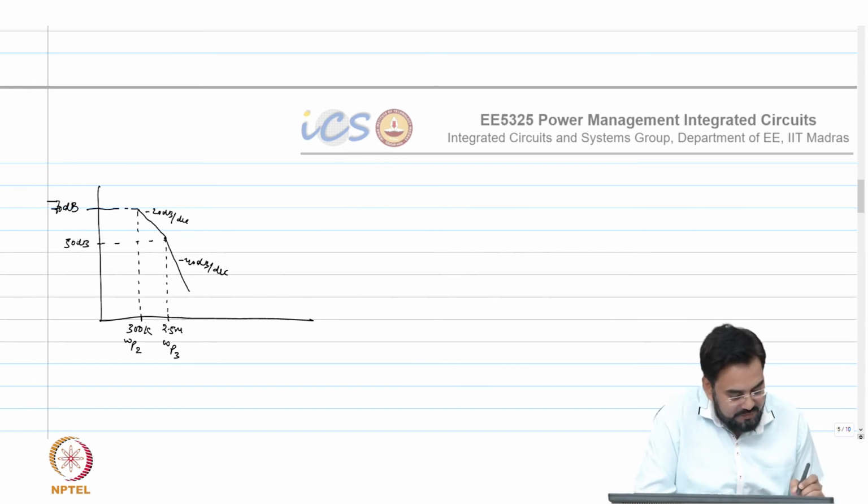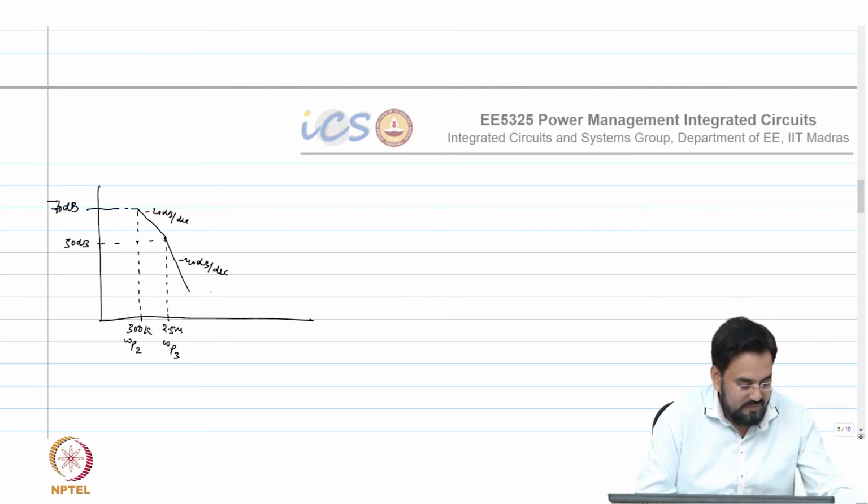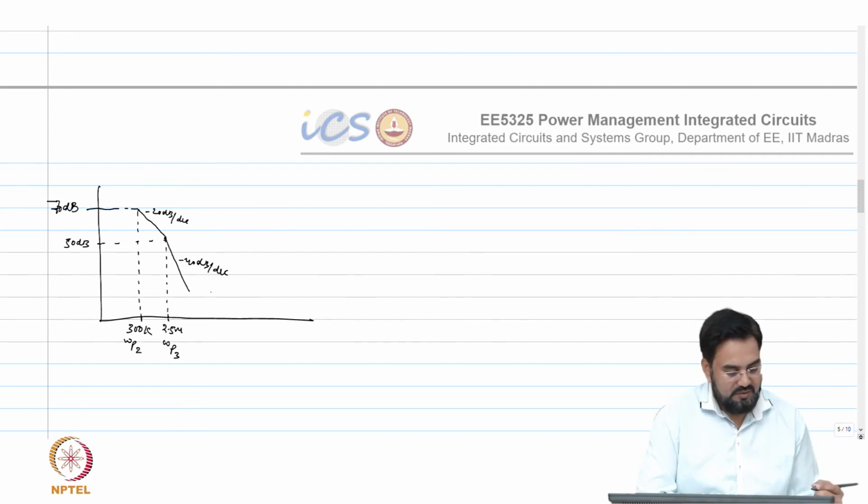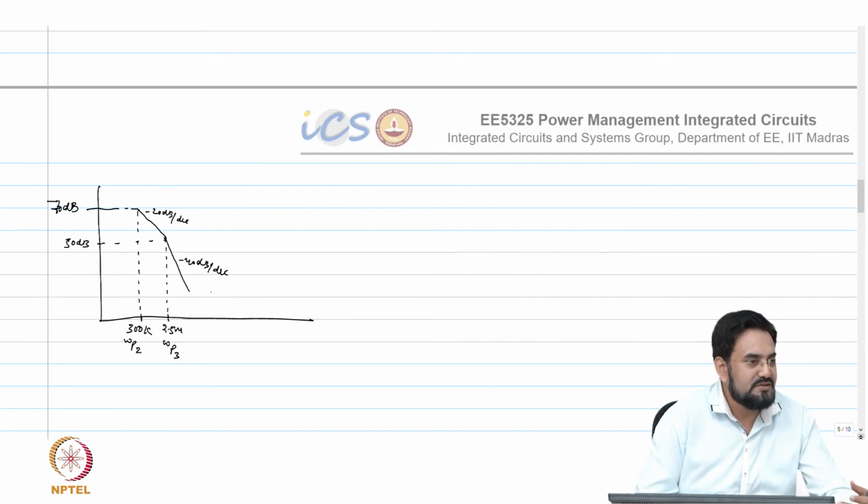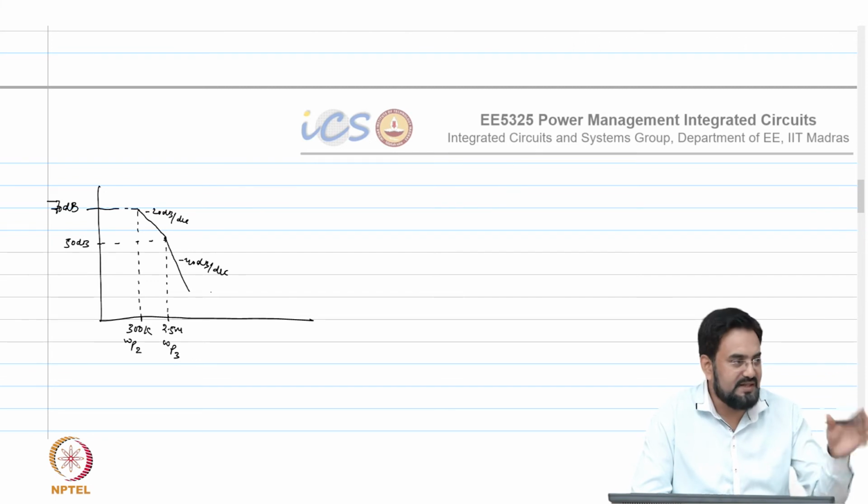Now with minus 40 dB per decade, you have to drop 50 dB. So how much frequency do I have to travel from there? Can you tell? 25 mega is 40 dB. So slightly above 25 mega you can say. So I would assume 30 mega also.